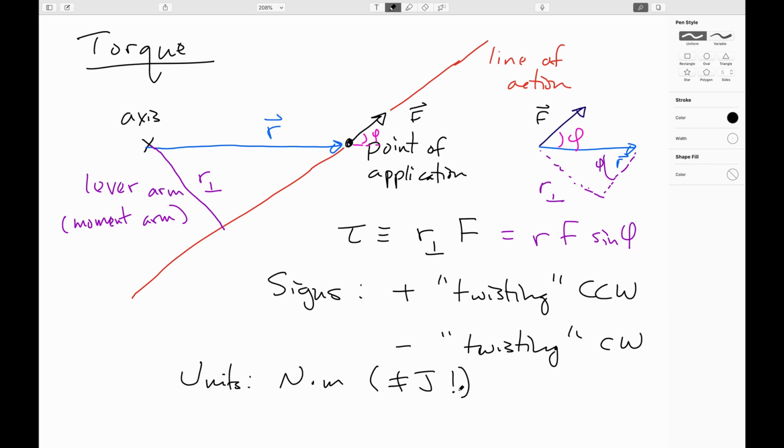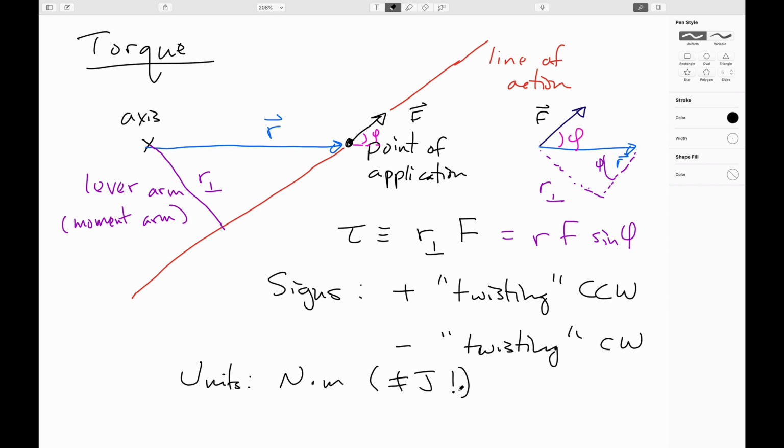I mention this because, since angle doesn't have a physical dimension, torque and energy wind up having the same physical dimension. So in order to tell them apart, we write the units differently. In the SI system, we write the units of torque as Newton meters, and when we get to energy, we'll write them as joules.